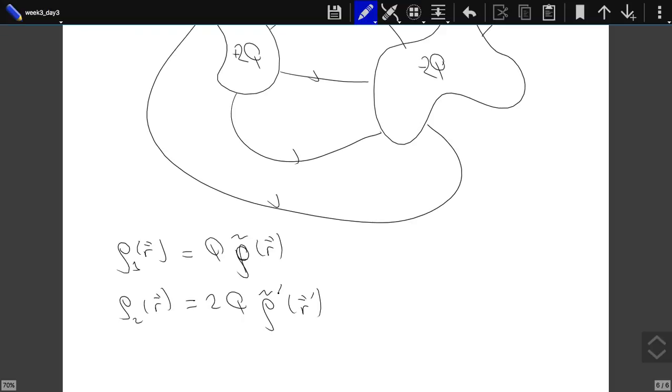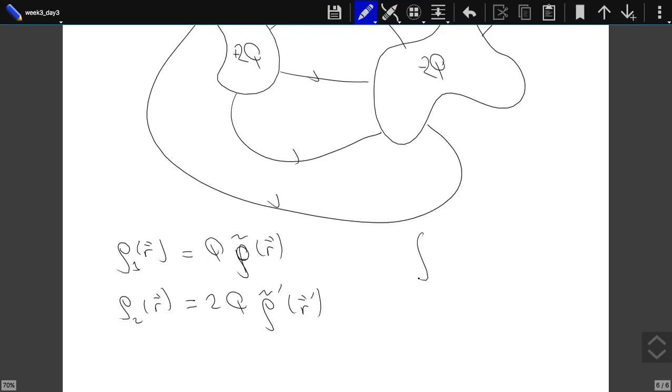No. Why not? What do you think is wrong with his argument? Charge distribution will be different, but the rho tilde is some function, right?